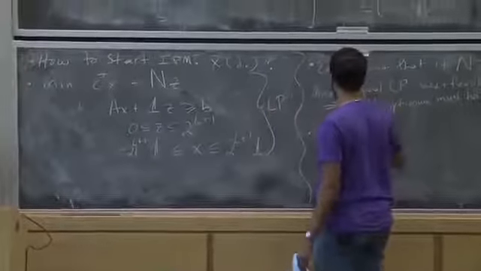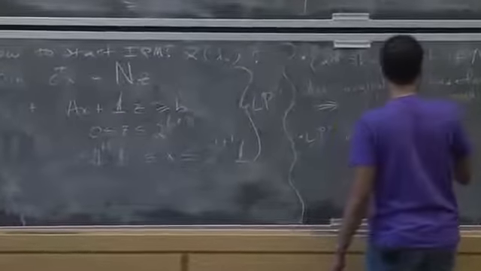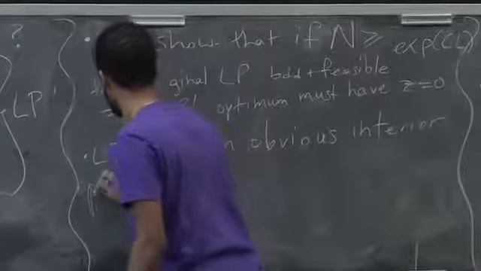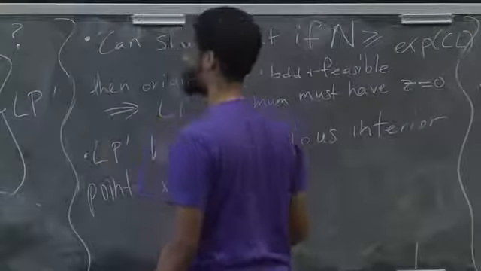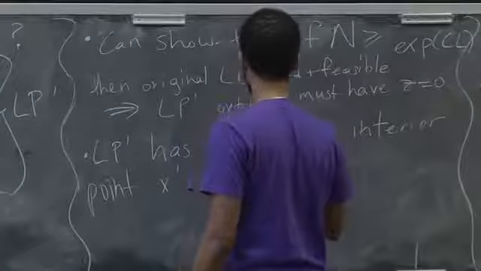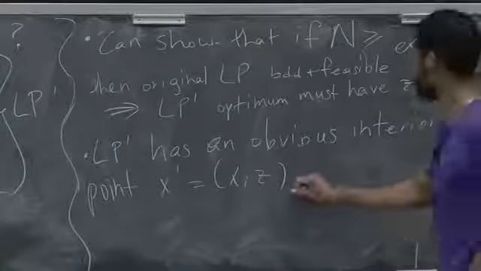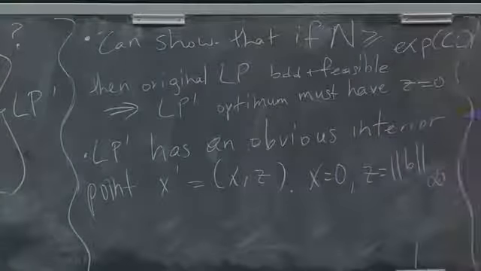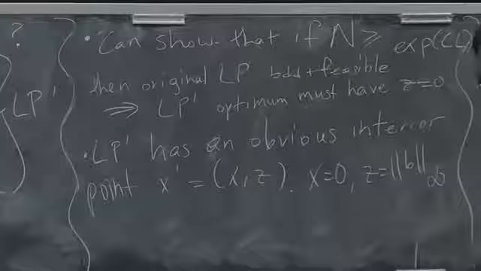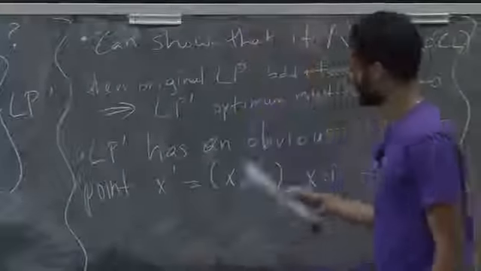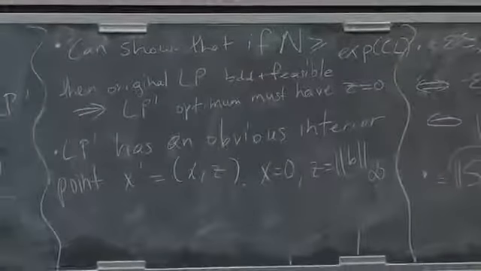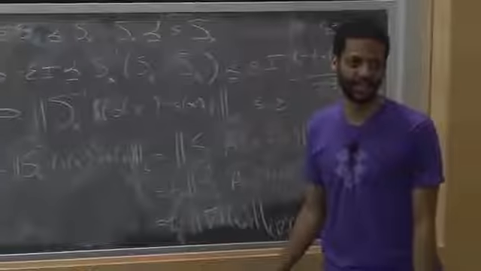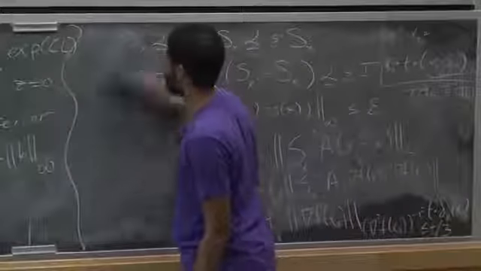LP prime has an obvious interior point, x prime, which let's write as (x, z). You can set x to be 0, and you can set z to be the L infinity norm of b. So that's an interior point. Are we done? Well, is it finely central? What's lambda? And is it finely central for that lambda? Who knows? So we're not done.